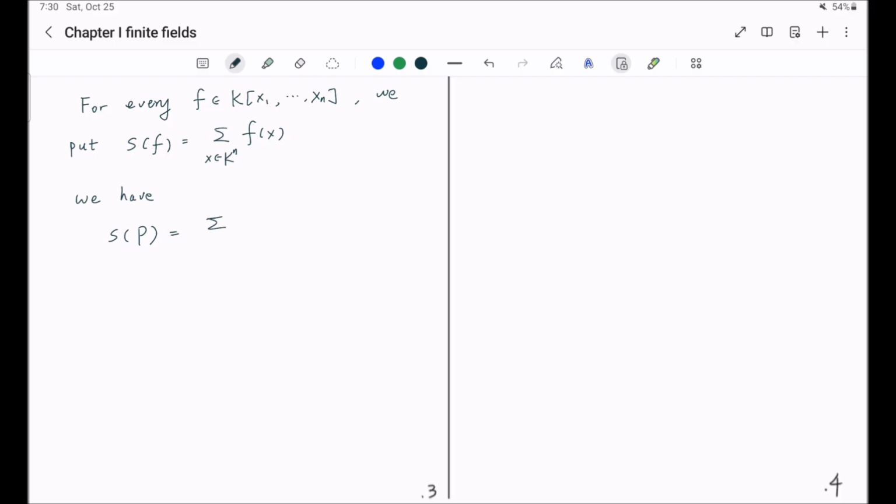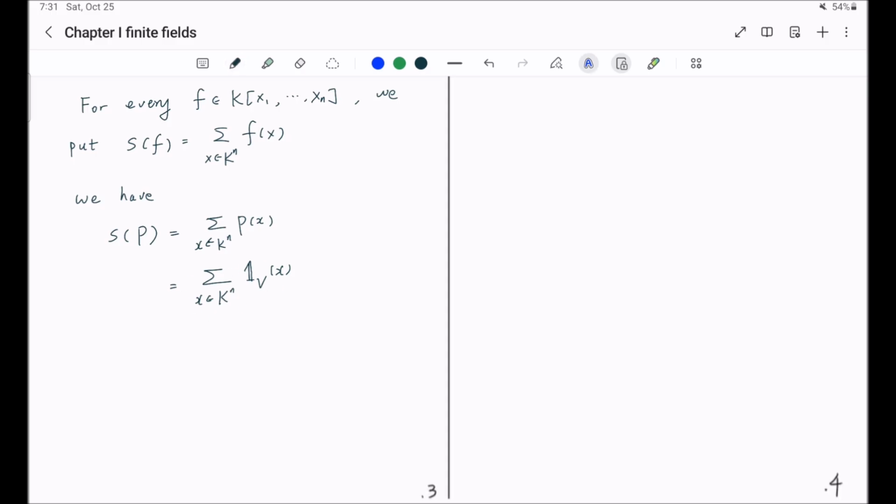We have S of P, where this P is defined like this, which is a characteristic function of V, is the sum of P of x, where x ranges over elements in K^n. And because P of x is equal to the indicator function of x by our discussion above, S of P is just the sum of indicator functions for x ranges over K^n.